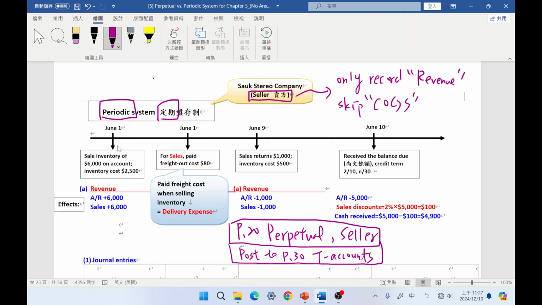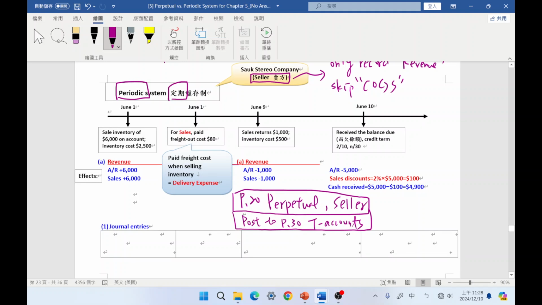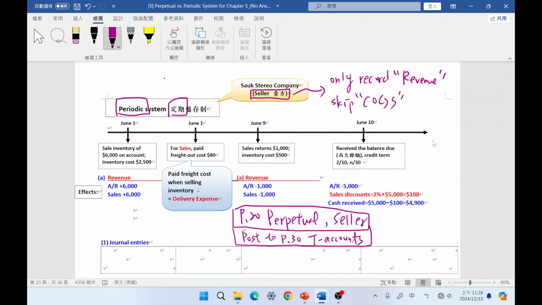Okay, if you finish the T account on page 30, I want to double check whether you did the right thing. So I'm going to ask you some questions. This question is on page 31, the first half of the page. So please finish the first half, 前半页,上半页. Finish it. Let me check. You can go home.